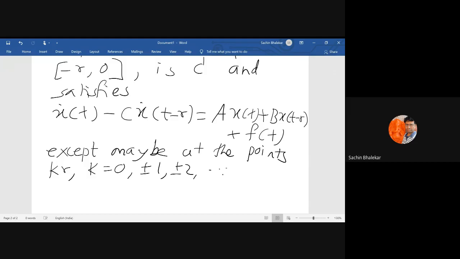So this is the difference between neutral and retarded DDEs. In the case of retarded equations which we studied in the previous section, the solution was continuous throughout. Here there are some points where we can have problems. At 0, plus or minus r, plus or minus 2r, and so on, these points may have some problems.